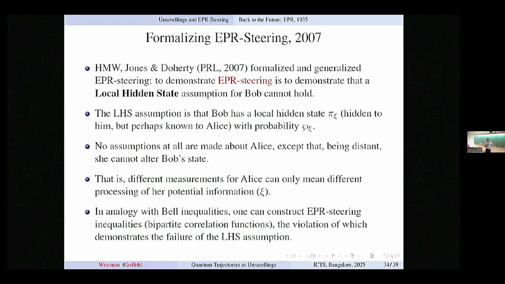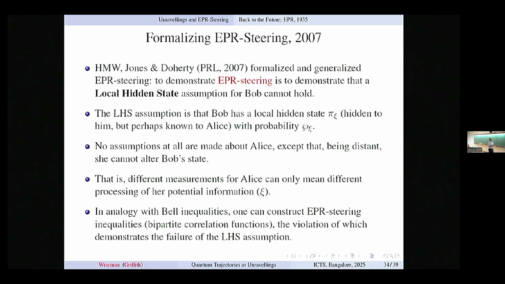If she's going to pretend that she has different measurements she can do, the only thing she could do would be to use the information she has about Bob's state to produce results in a different way. So we want to disprove this model, and if we can, we've demonstrated that it's not the case that Bob has a pre-existing pure state, but that what Alice's measurement choice really does, in the EPR steering sense, is affect the possible states that Bob has.